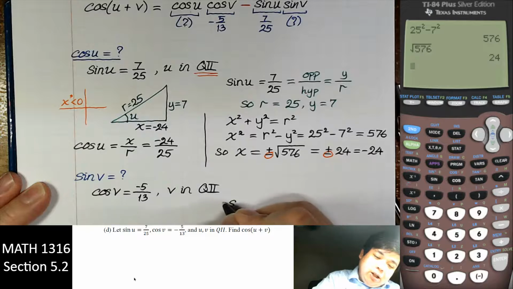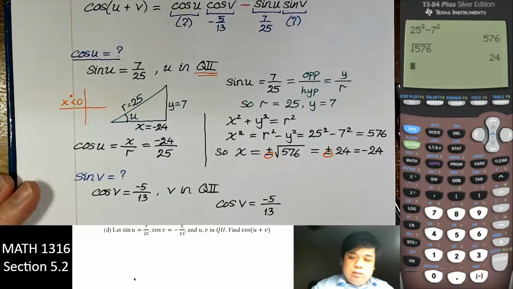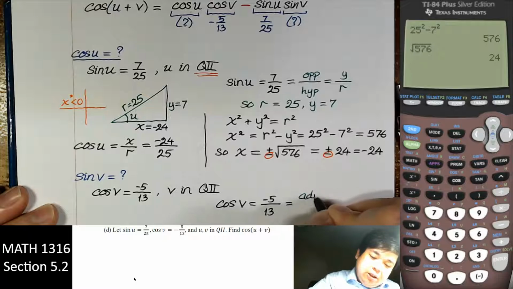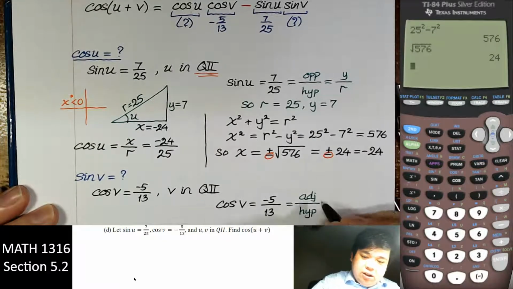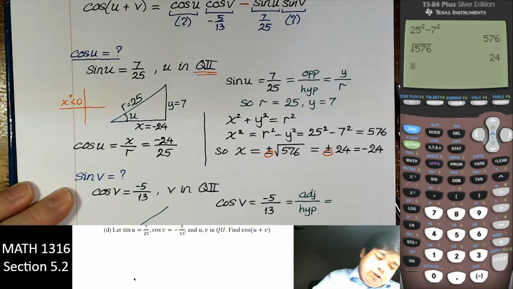Now we write out cosine of v, negative 5 over 13. Cosine is adjacent over hypotenuse. Adjacent, I draw the triangle.